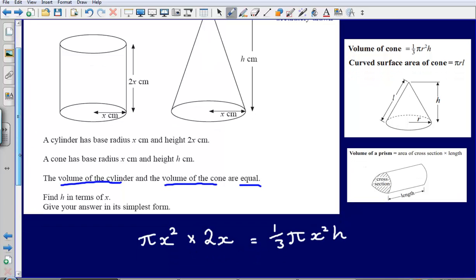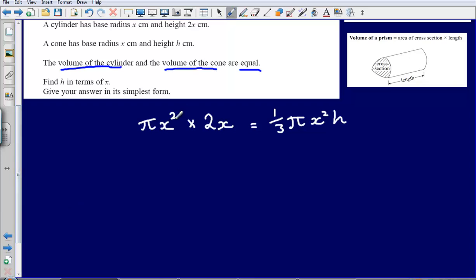Now that doesn't look very neat at the moment, so let's tidy this up. Pi x squared multiplied by 2x is going to give us 2 pi x cubed. So 2 pi x cubed is equal to 1/3 pi x squared h.